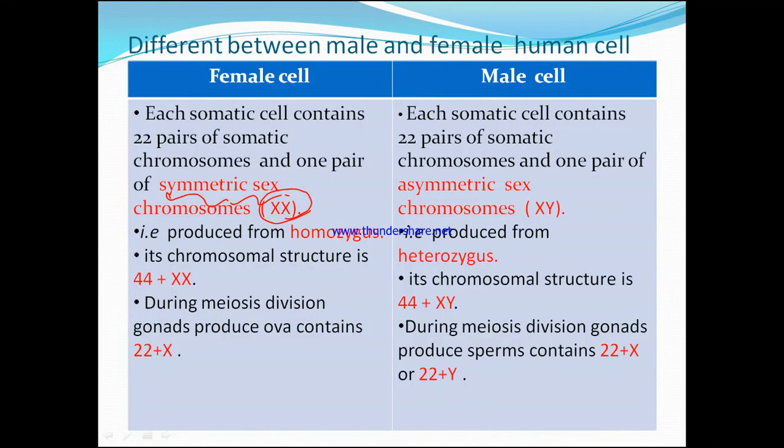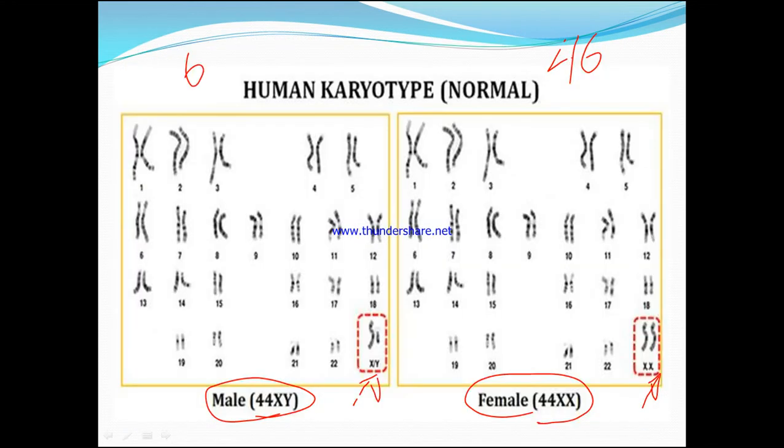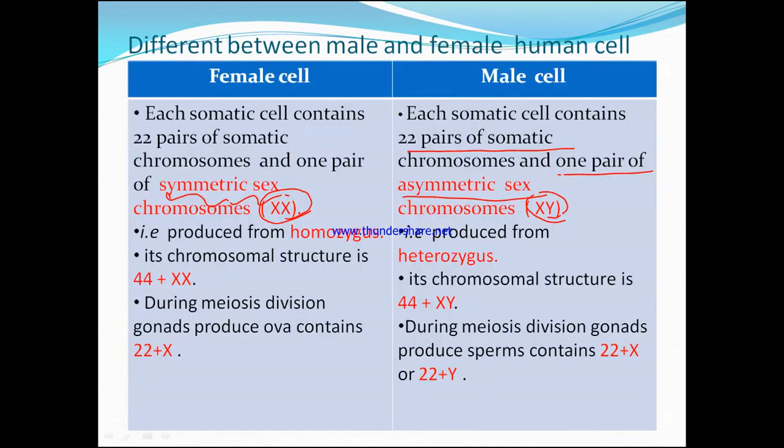But in the male, each somatic cell including gonads has 22 pairs of autosomes and 1 pair of asymmetric sex chromosomes, X and Y. Asymmetric means different, there is a different size between Y and X.